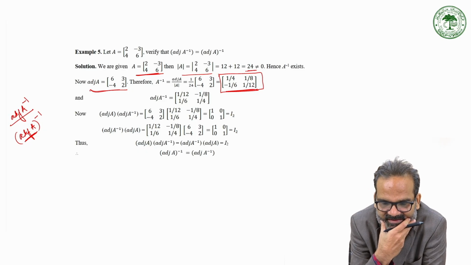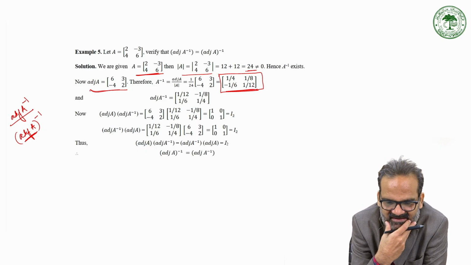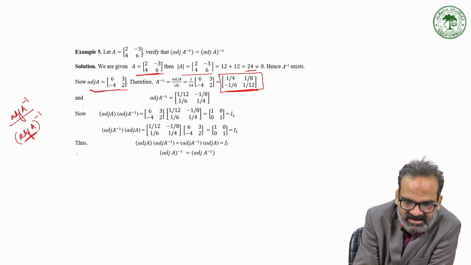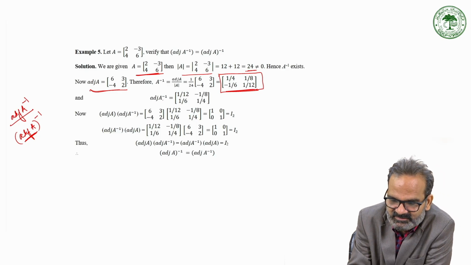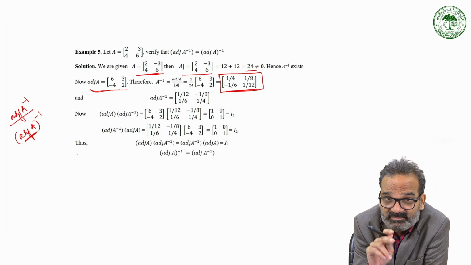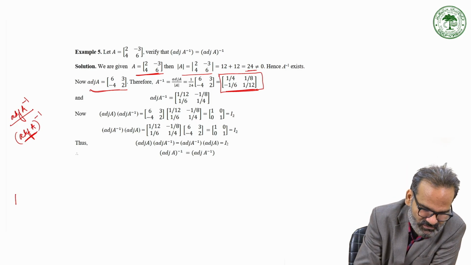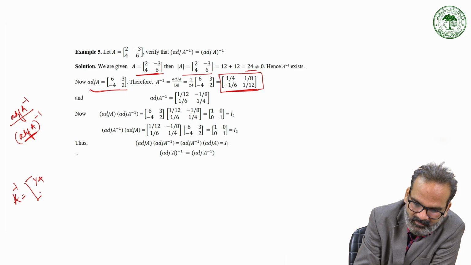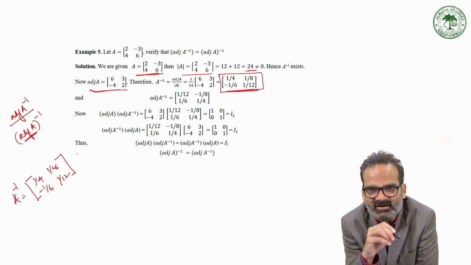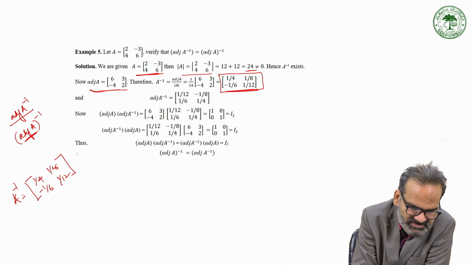What do we want to calculate? We want to calculate the left hand side. A inverse is this matrix, and the adjoint of A inverse means take the adjoint of this matrix. See, what I told you, A inverse is this matrix: 1 upon 4, minus 1 upon 6, 1 upon 8, 1 upon 12. This is the inverse of a matrix, but it should be taken as a matrix.